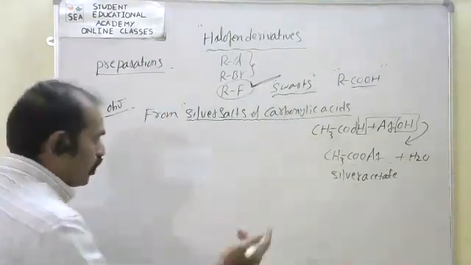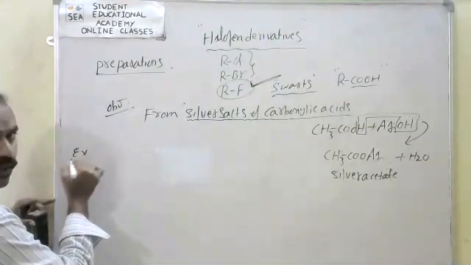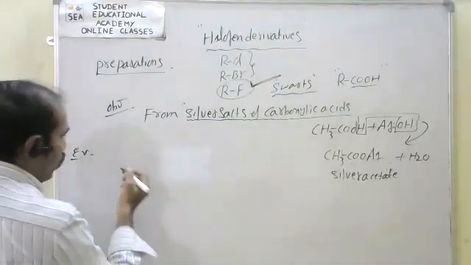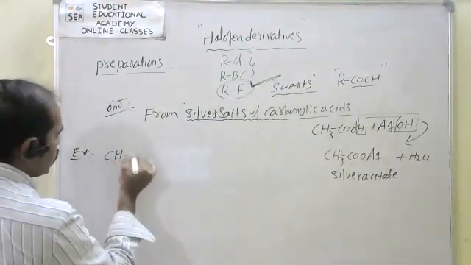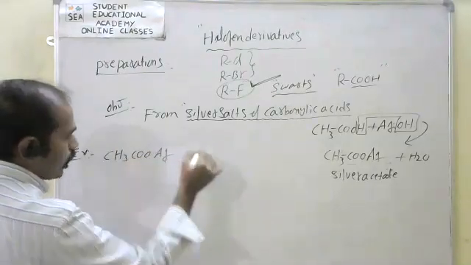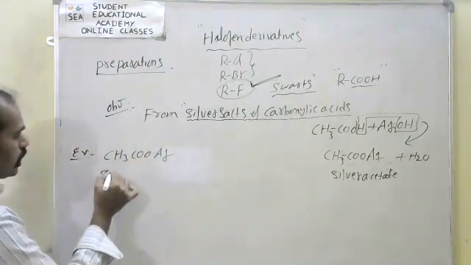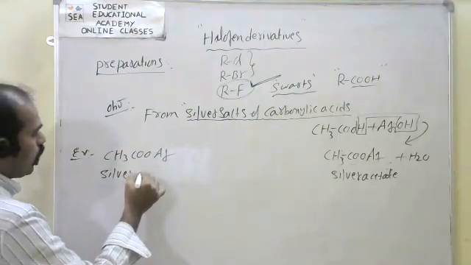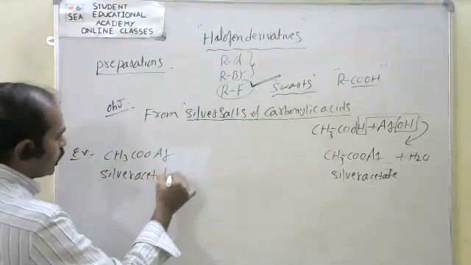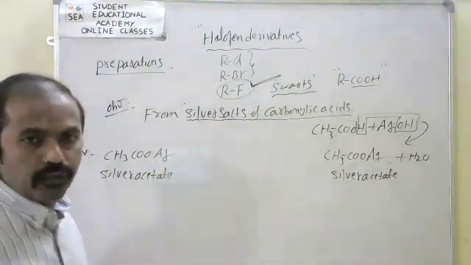Okay, see, for example, if I take CH3COOAg, it is nothing but silver acetate. That is the salt of silver.